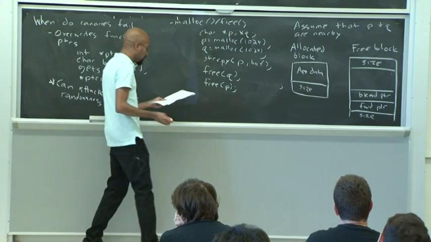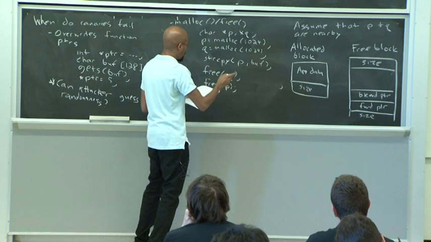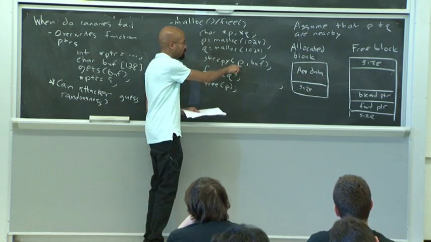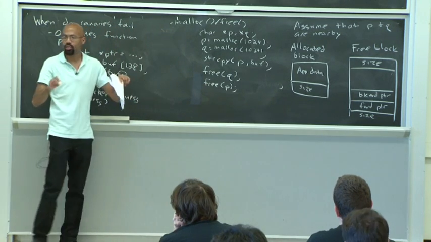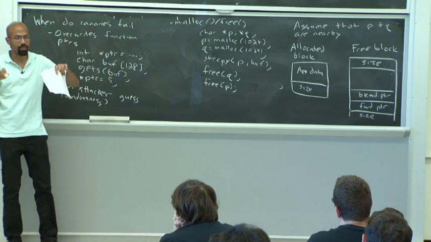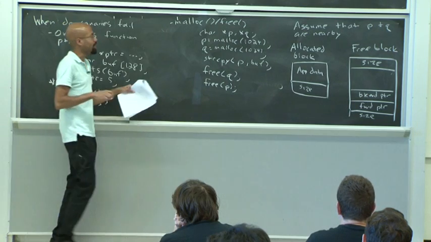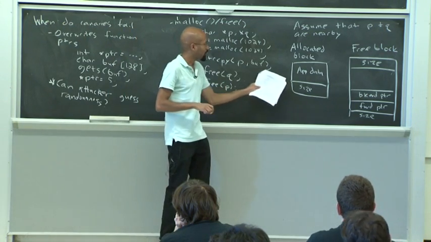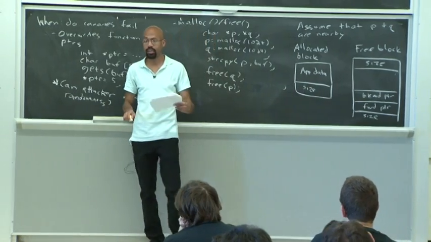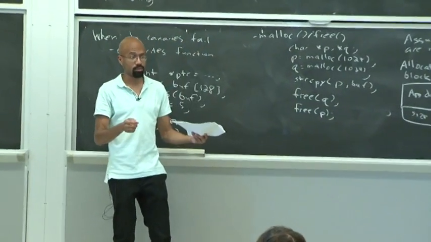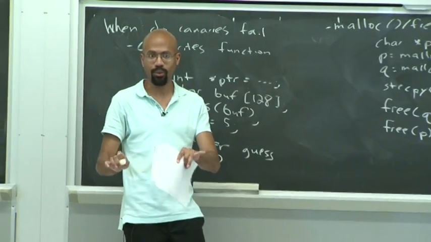And so the thing to note is that we had this buffer overflow here, right, in P. If we assume that P and Q are next to each other or very close in memory, then what can end up happening is that this buffer overflow can overwrite some of the size data for the allocated pointer Q, right? So is everybody with me so far?